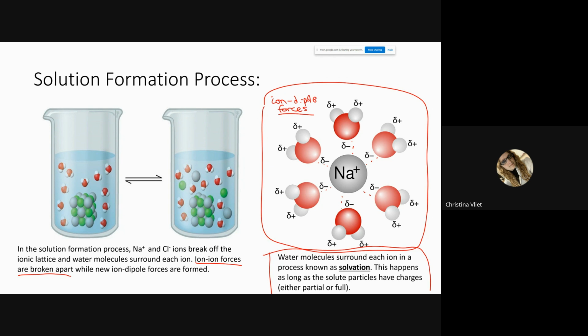Now, once you've made your homogeneous solution of salt, will you actually see the salt anymore? Or will it look like it's disappeared for the most part? Perfectly mixed, no? If it's perfectly mixed, you won't really see the salt. Now, if you were to taste it, you'd be like, oh, salty. But you won't really see the salt there anymore. All you see is the water.